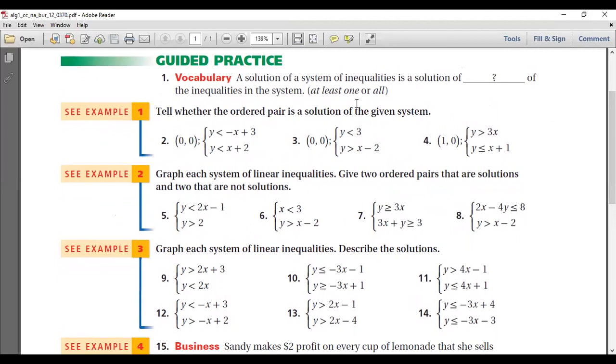Now tell whether the ordered pair is a solution of the given system. All what you need to do is substitute these values and find out and say yes or no. So start doing. I'll give you 2 minutes and then let's discuss the answers together.